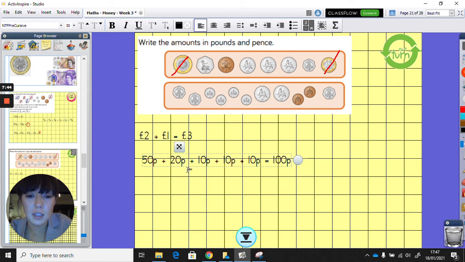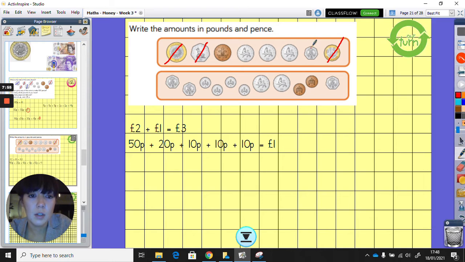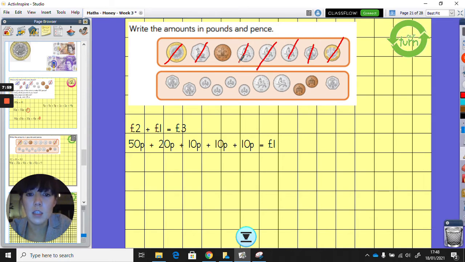So 100p is the same as £1. So technically we've got £3 add £1. So let's cross out those ones that we've done. So we use a 50p, we use a 20p, and then we use 3 10p's.